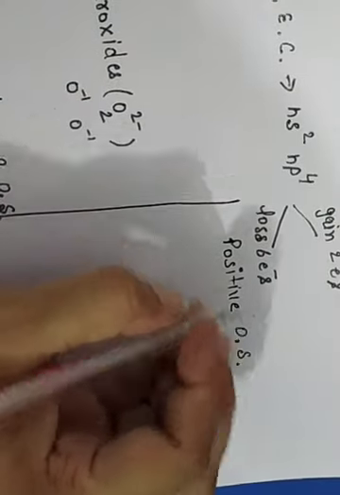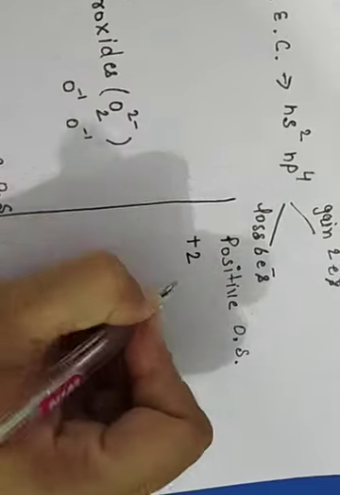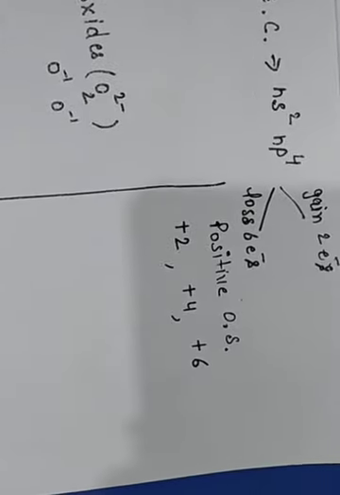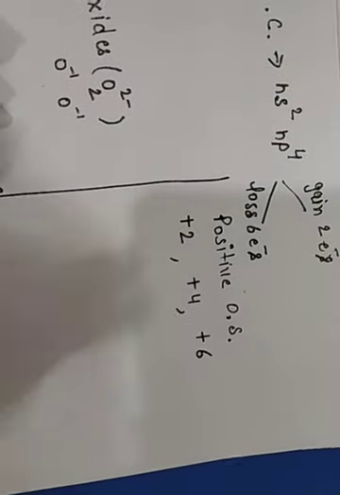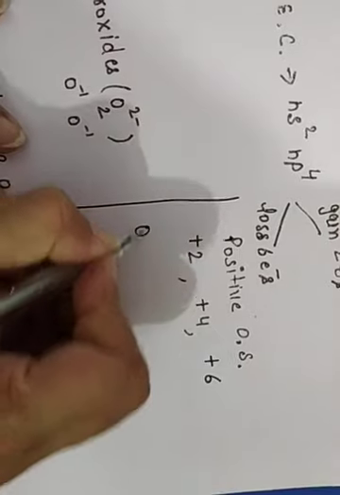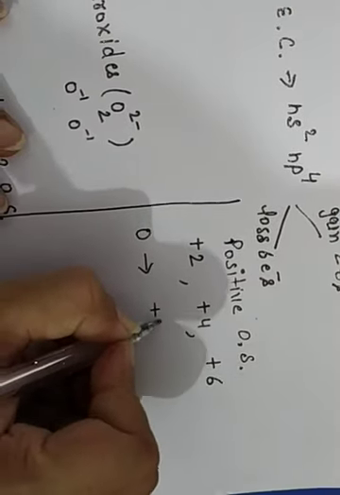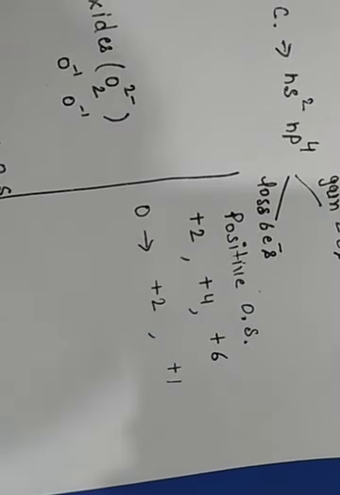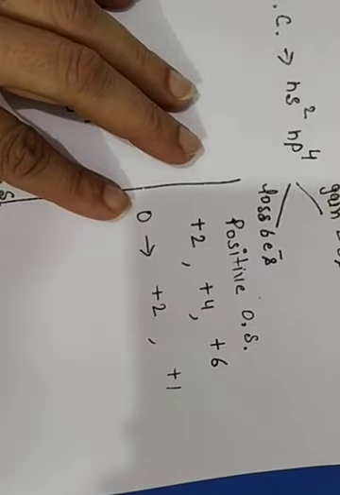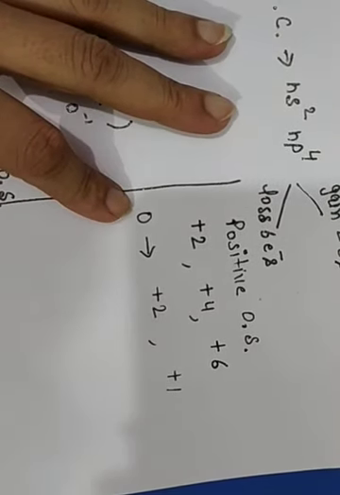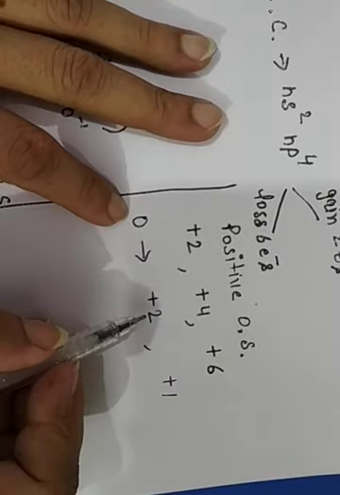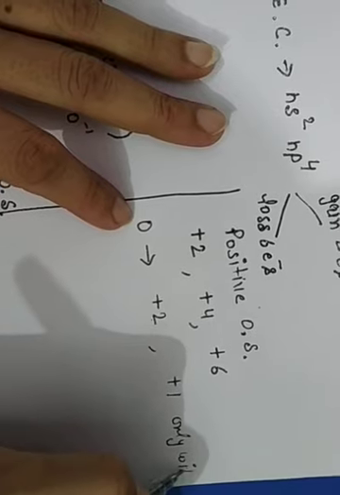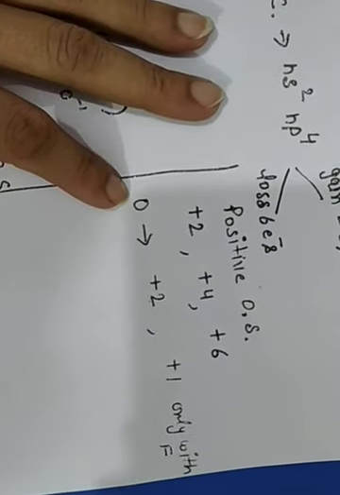So these elements show +2, +4 and +6 oxidation states. Here, in case of oxygen, it shows +2 oxidation state as well as one more, that is +1 oxidation state. As only one element, that is fluorine, is more electronegative than oxygen, it shows this positive oxidation state only with fluorine.